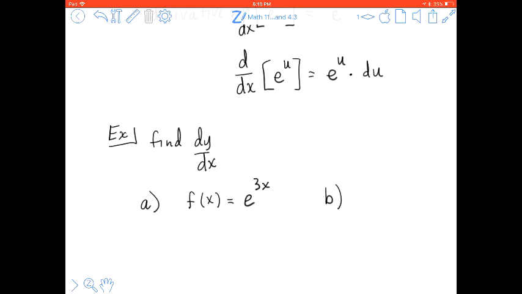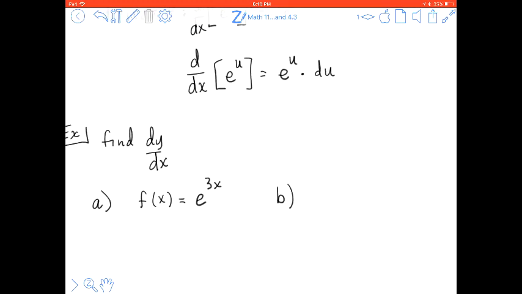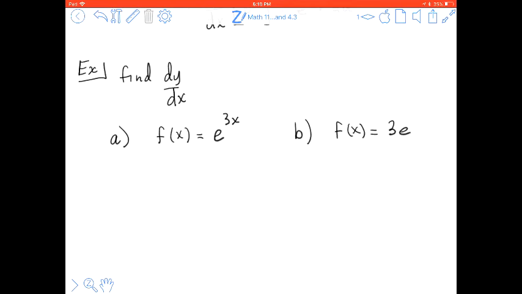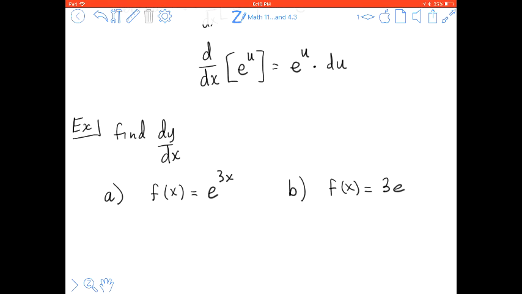Let's do a part B. F of x equals 3 times e. Just comparing these two. So for part A, the derivative of e to the 3x, that's going to follow that rule right there where u is equal to 3x.